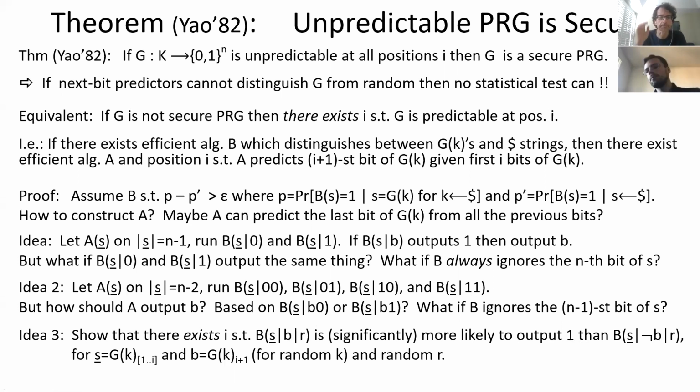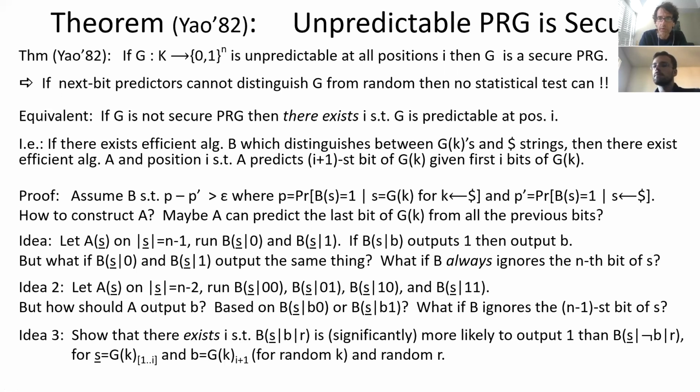This is what we need, that there exists an I like this. And maybe not surprisingly, we will do this by a hybrid argument.